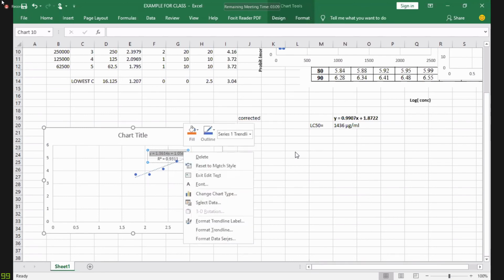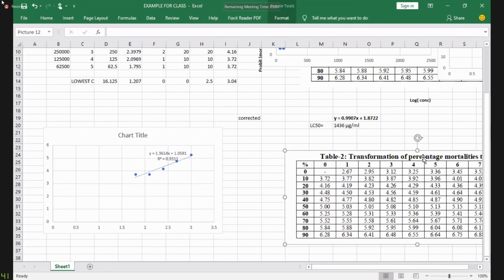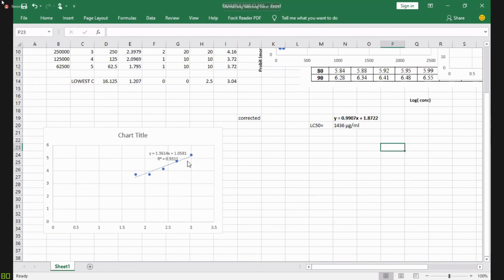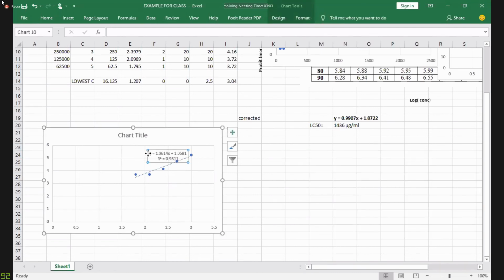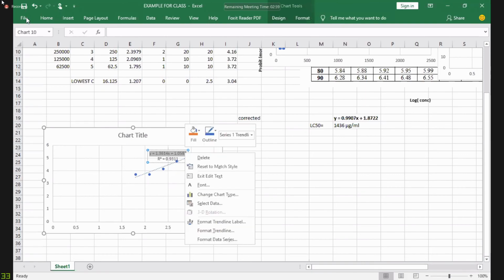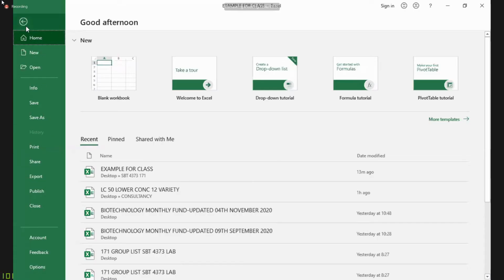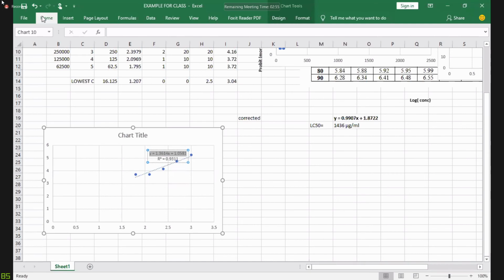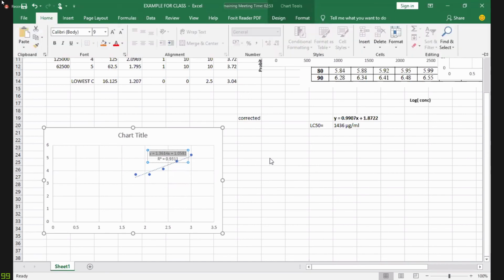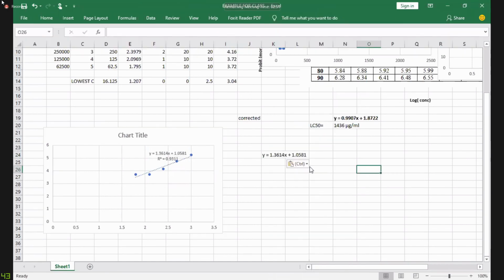Copy. Paste. Okay, y is equivalent to 1.3614x plus 1.0581. We want to find the concentration.